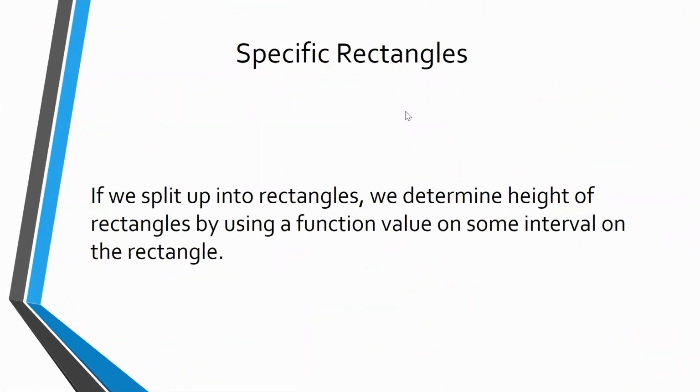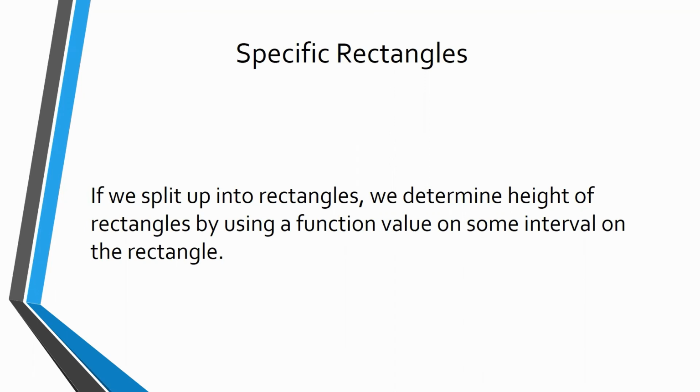I want to point out that we split our interval that we were given into 6 rectangles. And we determine the height of those rectangles by using a function value on some interval on the rectangle. So we had these subintervals, and we kept using the right-hand value of the rectangle to make things work.